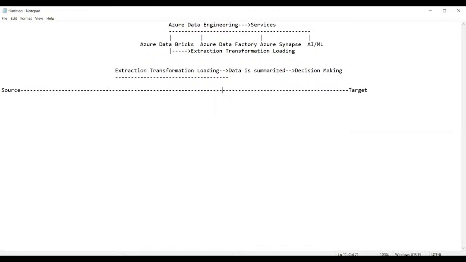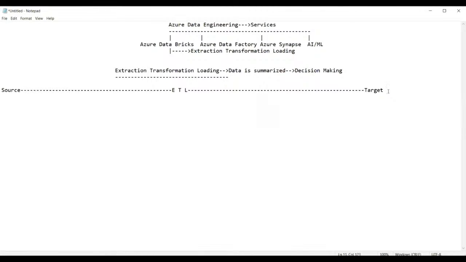Between the source and the target, this process of ETL is always applied, irrespective of whatever service we use. Generally, I'm talking about ETL, the process where the data is summarized. So what is the source and what is the target? Let us try to understand this, guys.